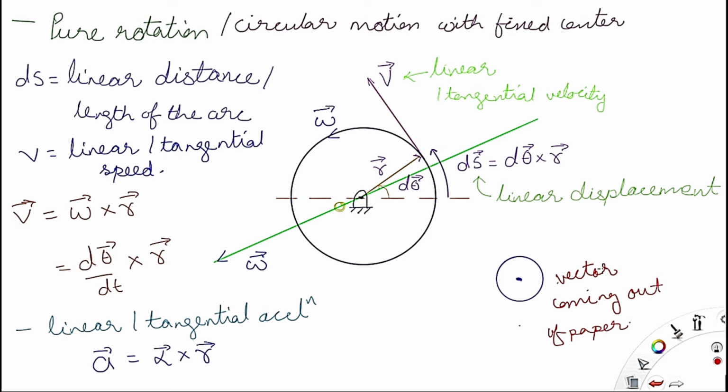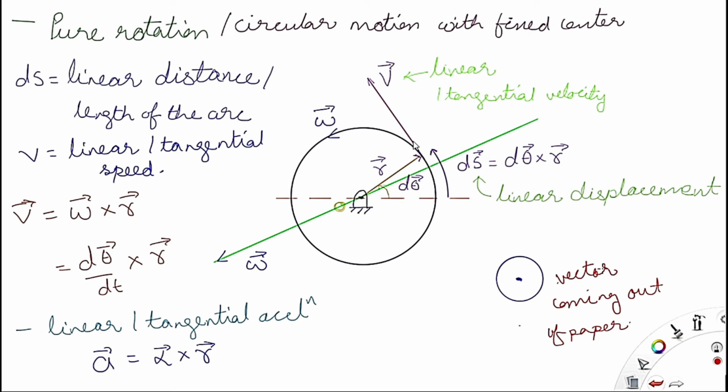So this is anti-clockwise, so omega is coming out of the paper. Now v is the tangential or linear velocity, and r is the perpendicular distance from the axis of rotation. Both r and v are perpendicular to each other.